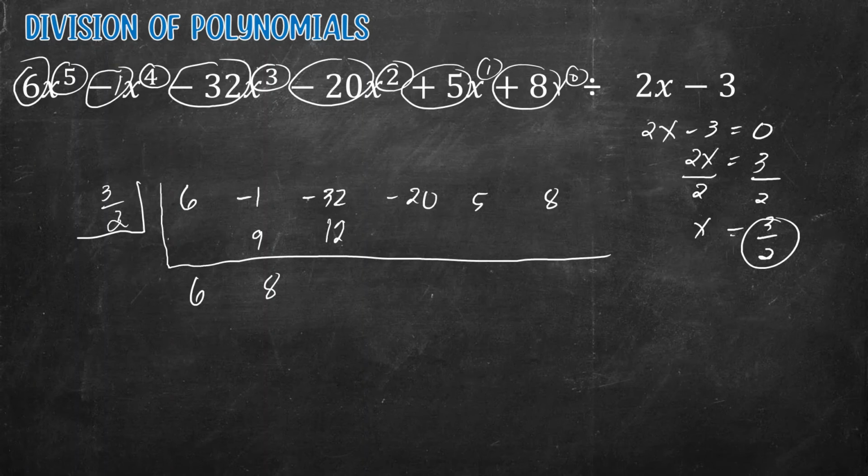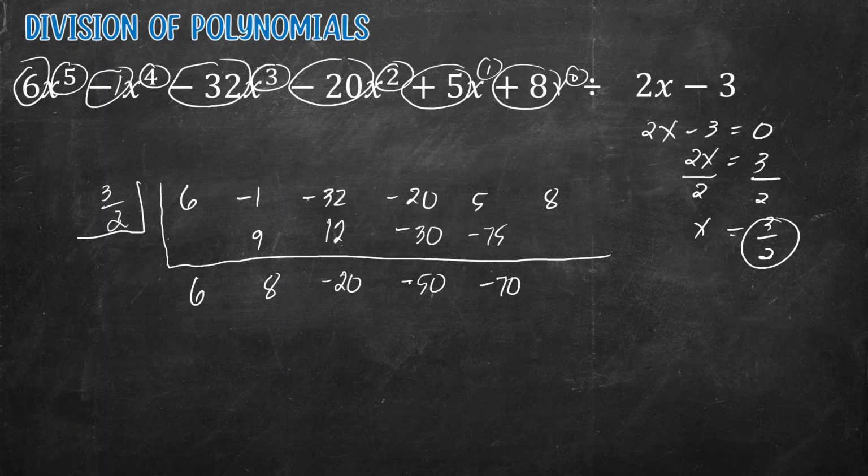Negative 32 plus 12 is negative 20. Negative 20 divided by 2 is negative 10 times 3 is negative 30. Negative 20 plus negative 30 is negative 50. Negative 50 divided by 2 is negative 25 times 3 is negative 75. 5 plus negative 75 is negative 70.